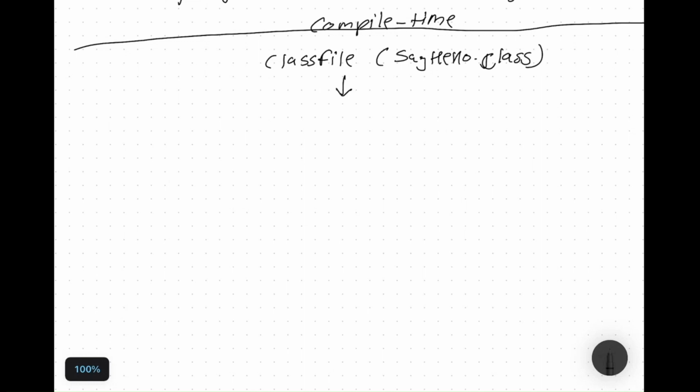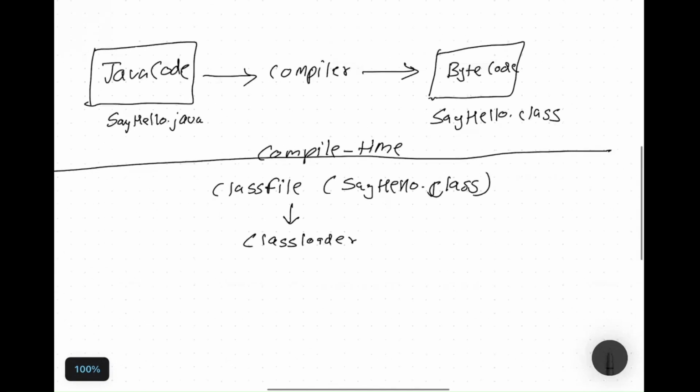This goes through a class loader. If you want to write this, you can please write it down. And when that goes through a class loader, this will be bytecode verified. Why? Because I've already mentioned when you go through a compiler, your Java file is converted into bytecodes, and those bytecodes are verified.